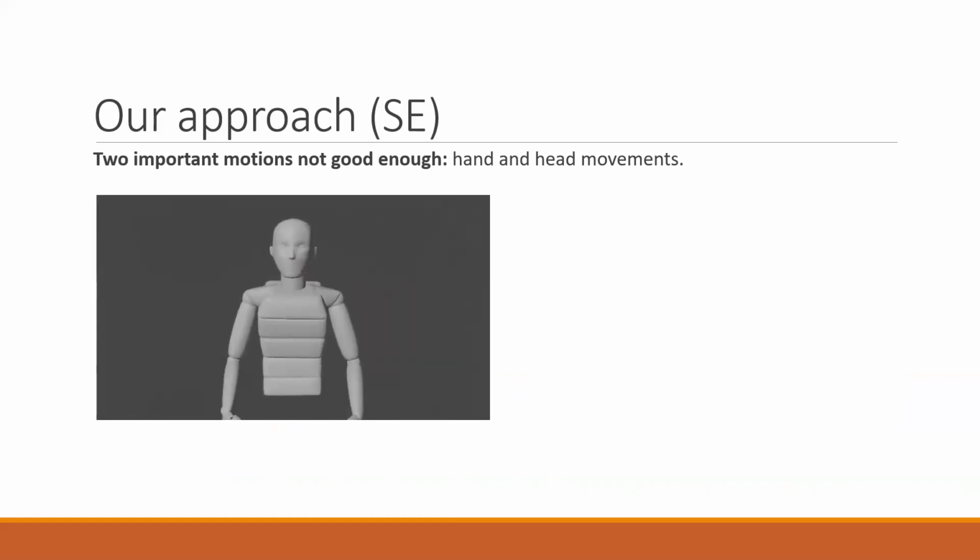Overall I think it looks okay, but there are still a lot of things to improve. I personally think if we can improve two important motions, hand and head movements, we will surely get a better result. For the other videos, I found the output a bit jerky.